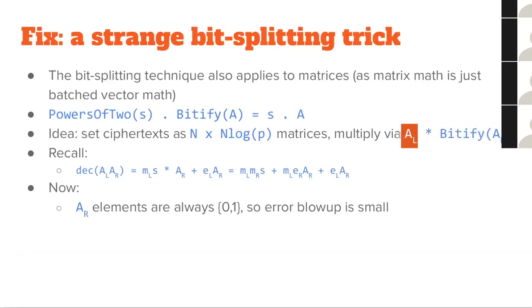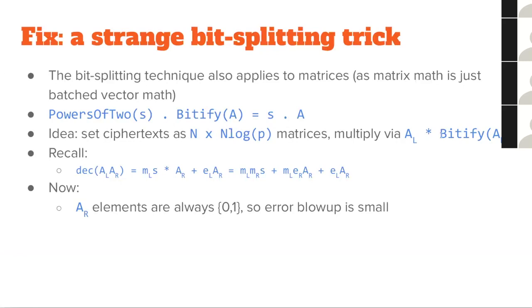And think of AL as being bitified AL multiplied by the matrix that is the inverse of bitification, right? So imagine you have the inverse bitify matrix multiplied by bitify AL multiplied by bitify AR. Then you take bitify AL and bitify AR and multiply them together, and to see what this means, you have your inverse bitification matrix multiplied by the product of the bitifieds.